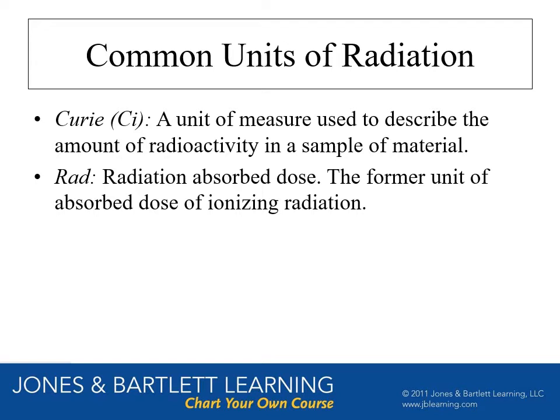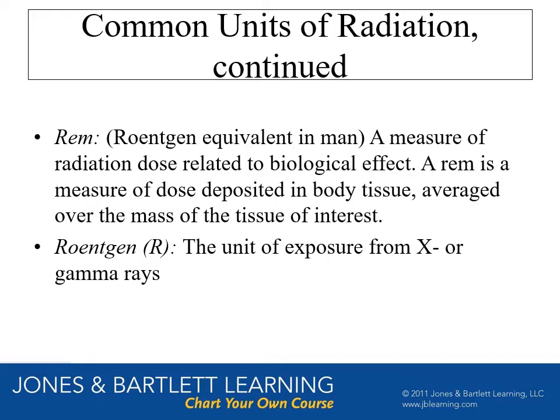These are units used to measure the amount of radioactivity in a sample or absorbed dose. Rem, Roentgen equivalent in man, is a measure of radiation dose related to the biological effect. It's also a measure of dose deposited in body tissue. The unit of exposure, the Roentgen, as I mentioned, is the amount from an X-ray or a gamma ray.